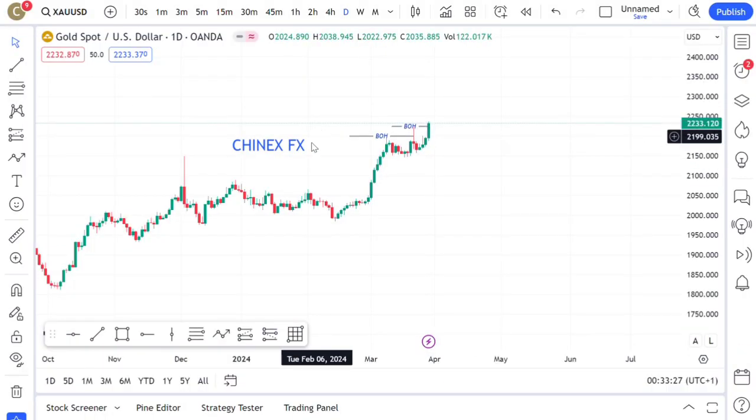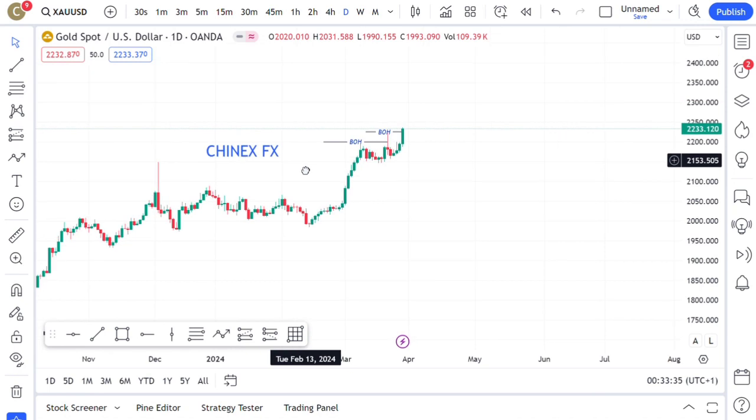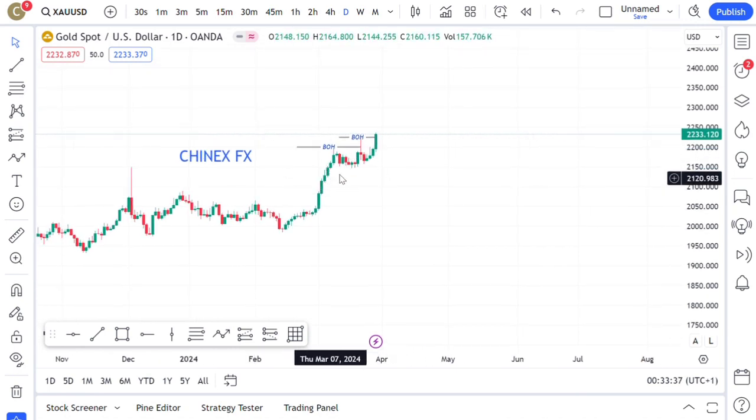So this is our XAUUSD chart, that is the daily time frame. If you watched the last video, you will see that we marked this demand zone, this demand order block, and it played as expected. That is, the daily time frame order block was respected, and we were able to see price go in an upward direction.